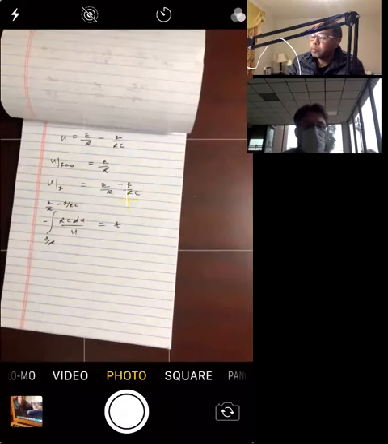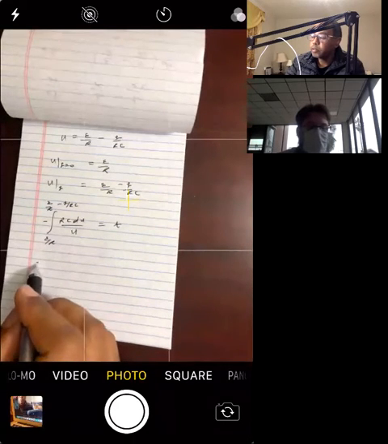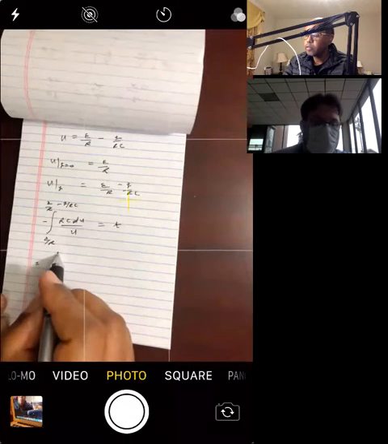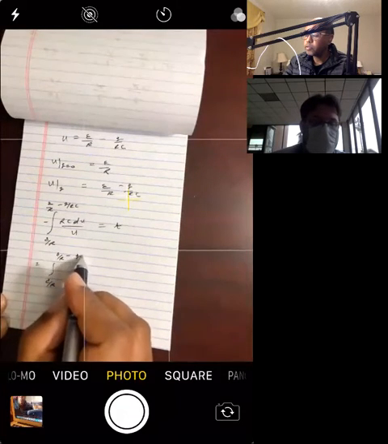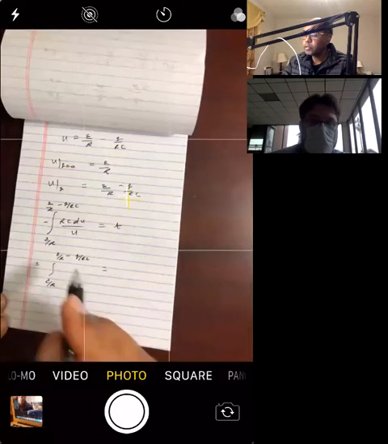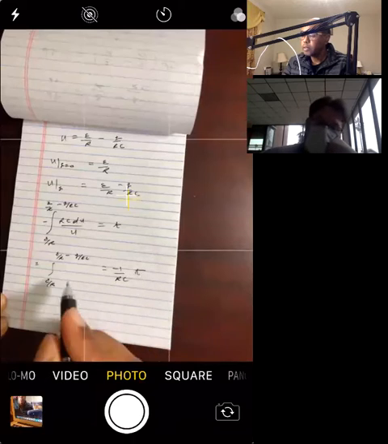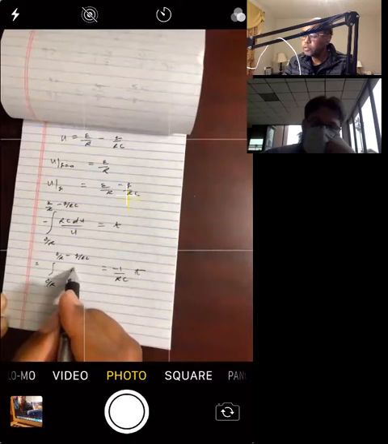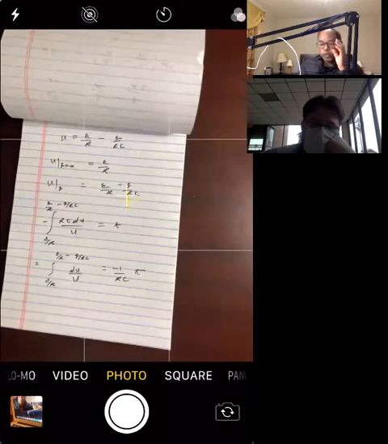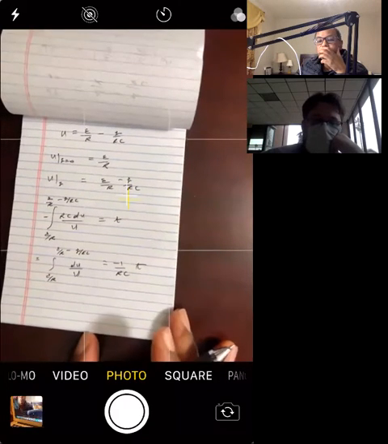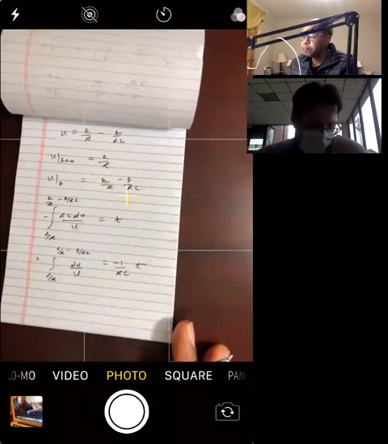Okay, maybe let me take the RC to the other side. So we get the following: the integral from E over R to E over R minus Q over RC equals, taking the constants to the other side, negative 1 over RC times dt, and this is du over u. What's the integral of du over u? The integral of 1 over x is the natural log, ln of u, right?